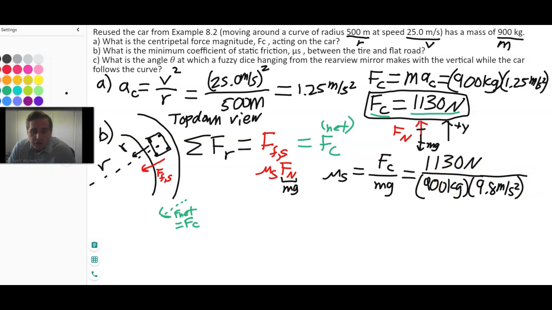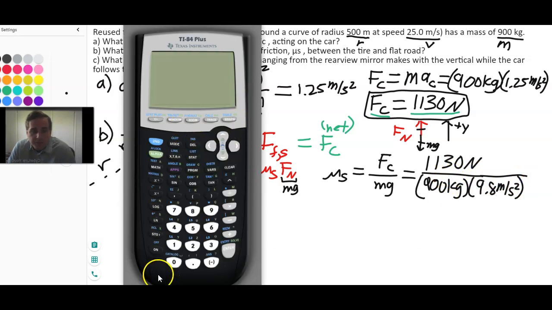Okay, so let's use the calculator to get this value. I'll turn it on, clear, and then do alpha F1 to get this stack, numerator over denominator. Then I'll do 1130, oops, sorry, I don't need the divided by because it's already there. Delete, there we go.